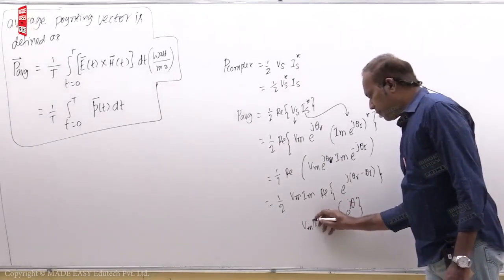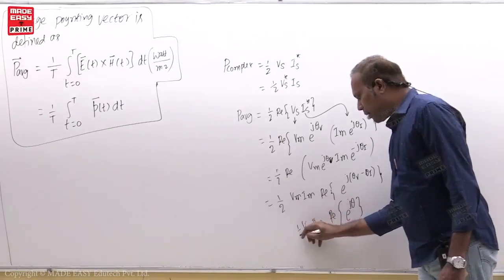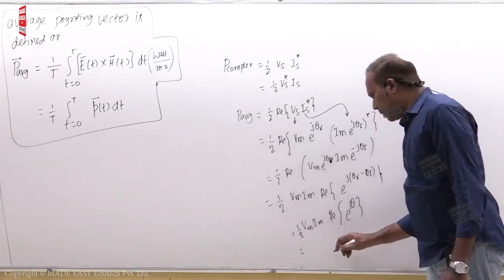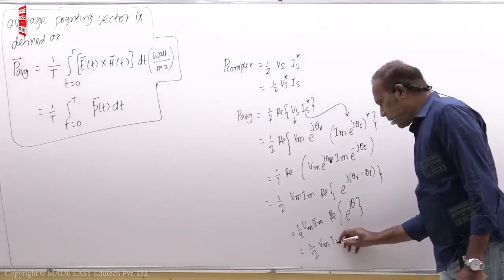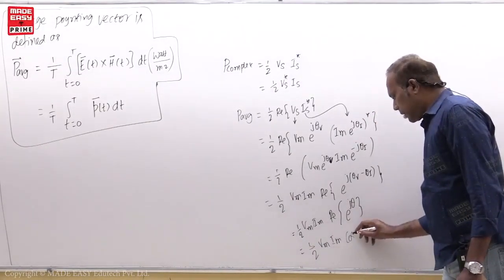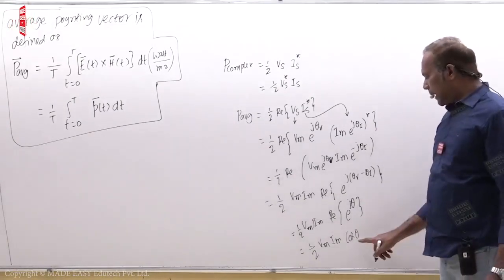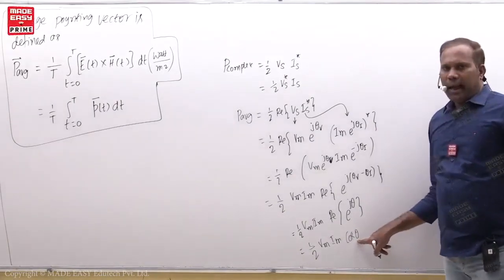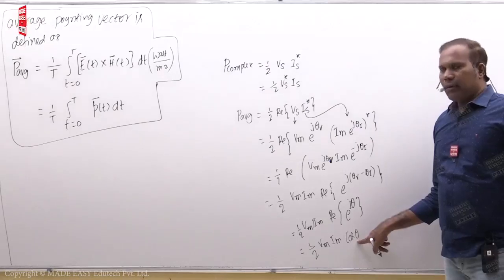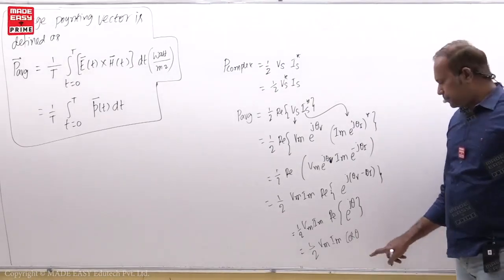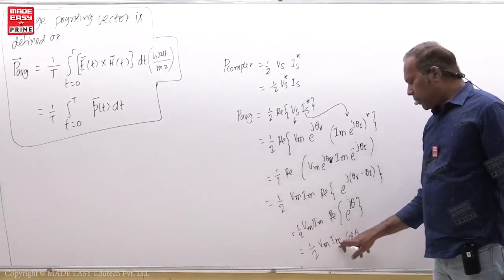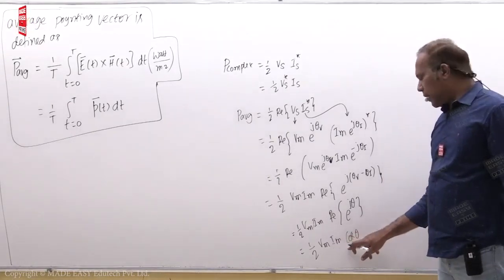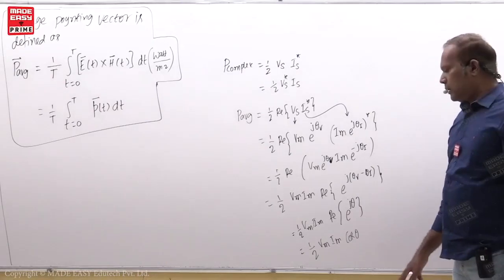So Vm Im half, that is nothing but half into Vm into Im into cos theta. Theta is angle between voltage and current, or otherwise impedance angle. If you write in RMS, Vm by root 2, Im by root 2, so that is Vrms into Irms into cos theta you get.